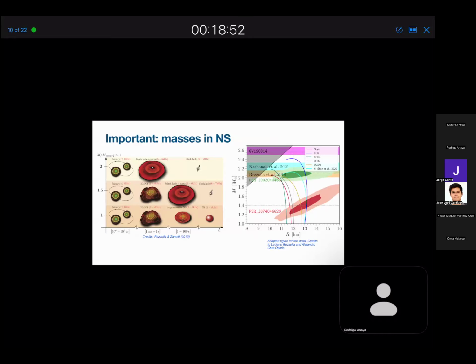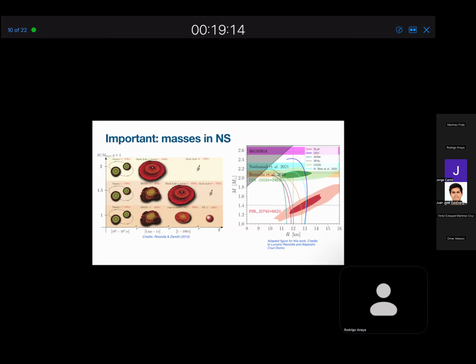An important comment for the outcome of these mergers of binary neutron stars is that depending on the total mass of the initial binary, we can have different outcomes when we observe the later stages after the merger.